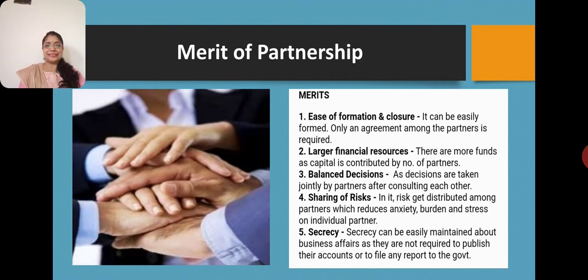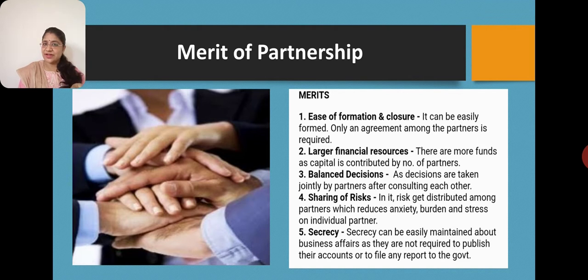Next comes secrecy. Yes, secrecy can be easily maintained about business affairs, as they are not required to publish their accounts. Again, here the secrecy is maintained, but compared to the sole proprietor, it's less. Maximum secrecy is in the sole proprietor. And here in partnership, the government does not ask them to publish their financial statement.